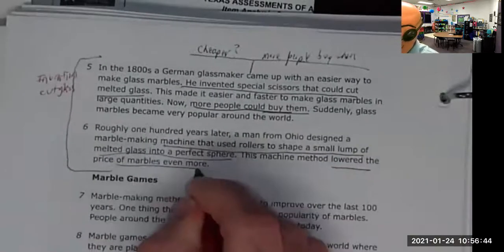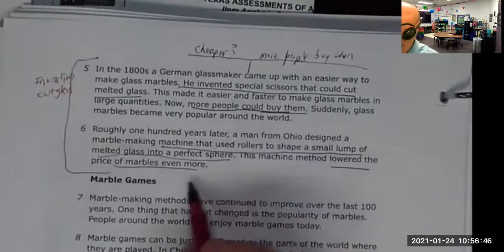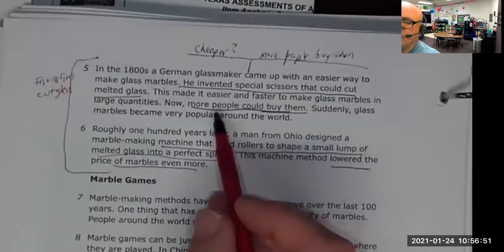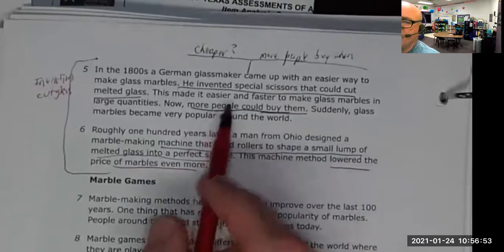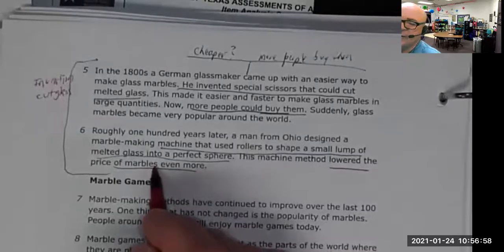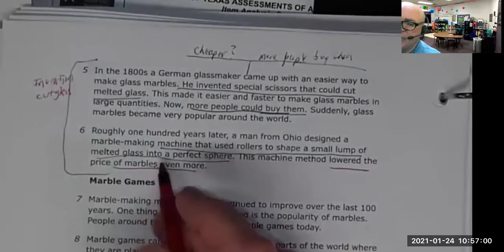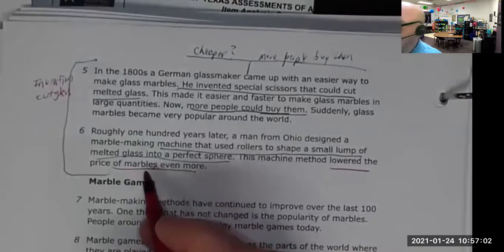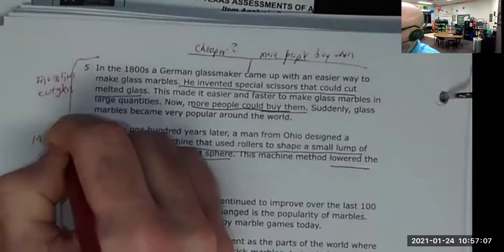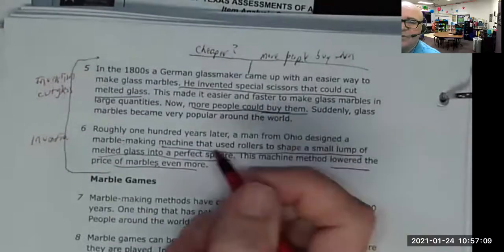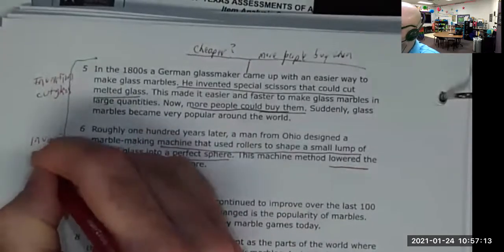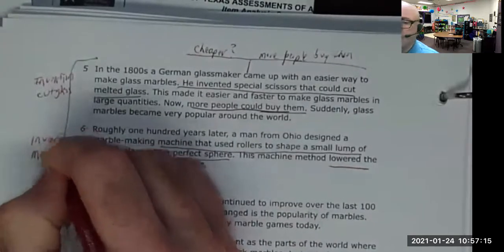Now that last sentence, we're going to have to draw a conclusion that somehow the price of marbles was lowered because of this first paragraph, or else they wouldn't have told us that the machine lowered the prices even more. So this invention turned marbles into perfect spheres, okay?